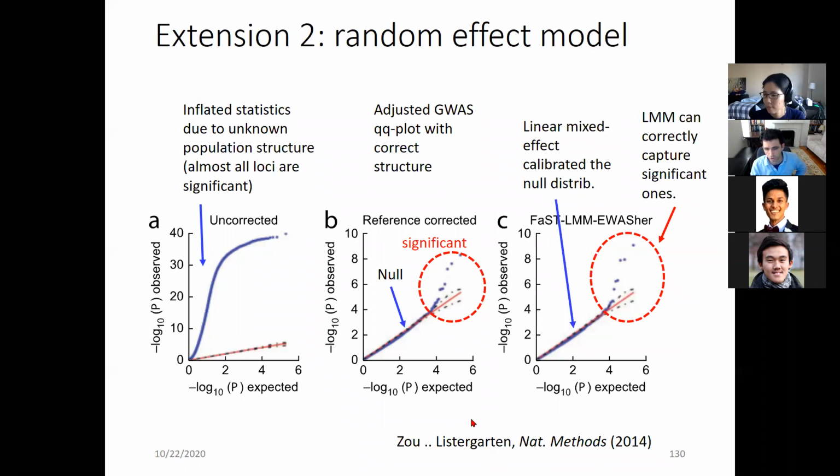And I really encourage you to look at the work by Jennifer Listgarten and others on linear mixed models and how they can be used for actually correcting for a lot of those effects, for calibrating the null distribution and then capturing significant variables without this overinflation that can stem from population structure and other effects.